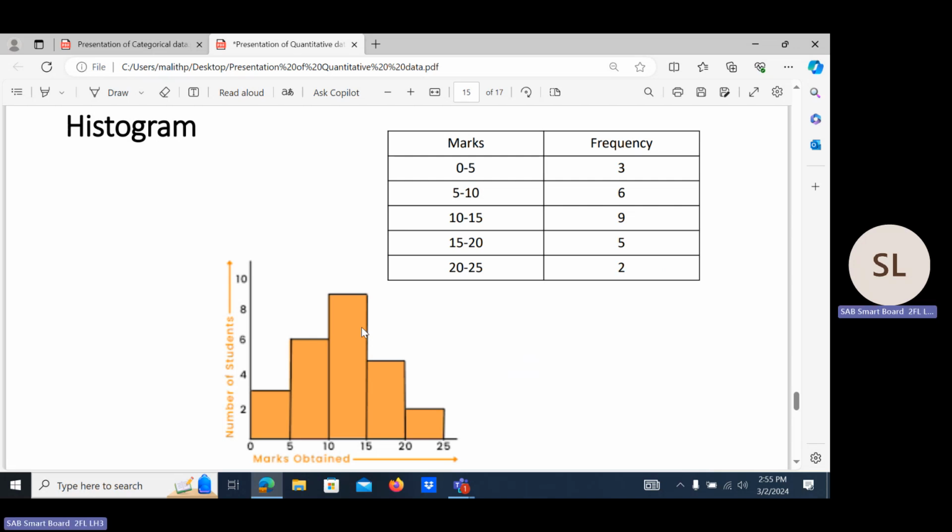So we use class boundaries, where there is no gap. The class boundaries represent the horizontal axis, and the vertical axis represents the frequency value. Understood?